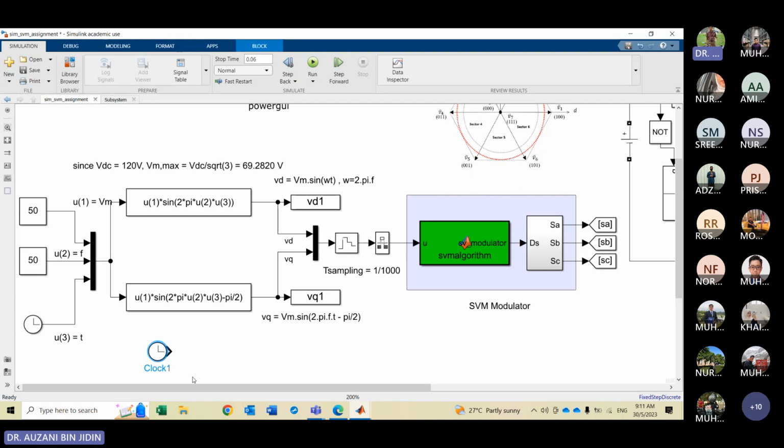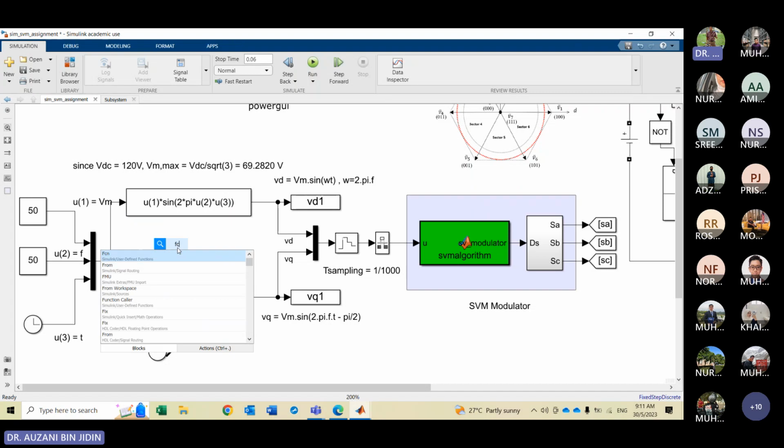Function block. So this is the function block, here function FCN. So maybe you can search, double click FCN.